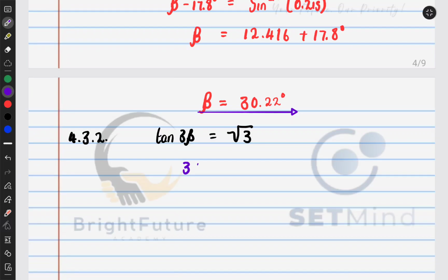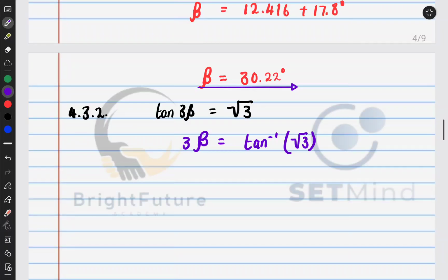We're left with 3 beta is equal to tan inverse of root 3, and therefore the next step, we divide by 3 on both sides.